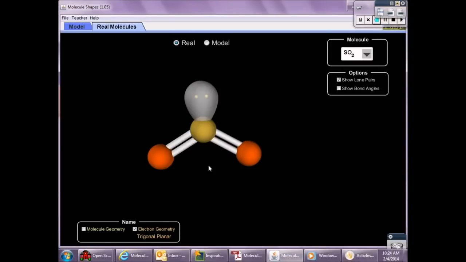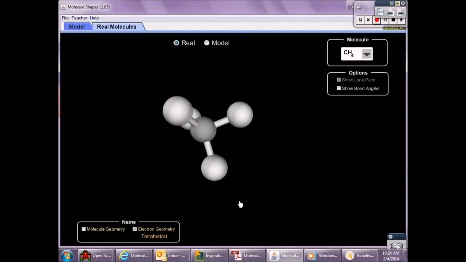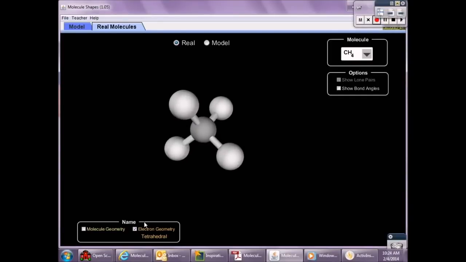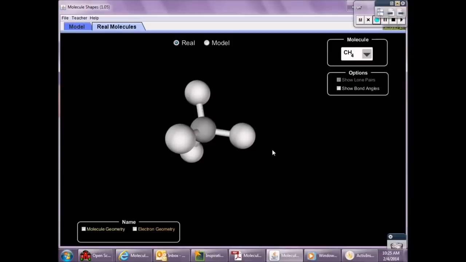Let's go with this one. What is the general formula for this one? It is AB4. Under general formula, write down AB4. This is what a student made, AB4. How many faces do you see in this geometry?